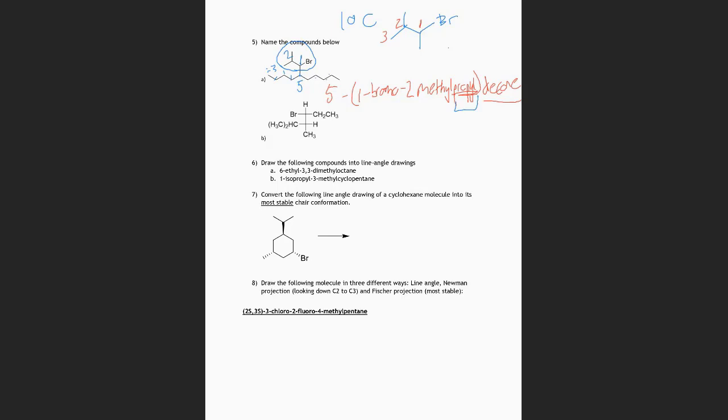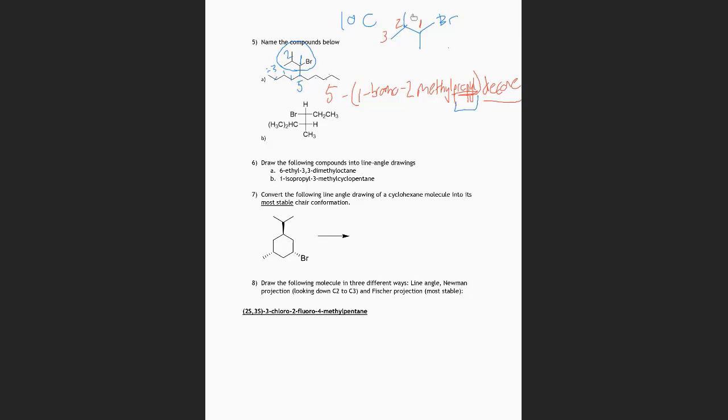Yes, Tran, do you have a question? Oh yes, for the number 2, is it possible that I can say 2 dimethyl? Because when I look at number 2, it's just like 2 branches. Can I say that?